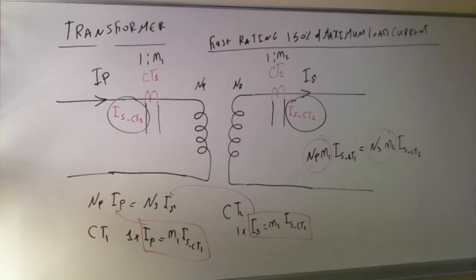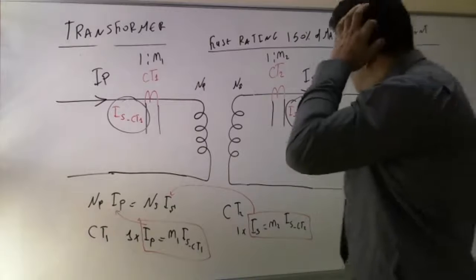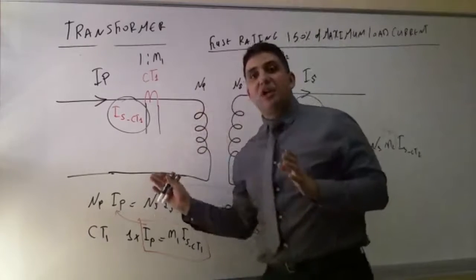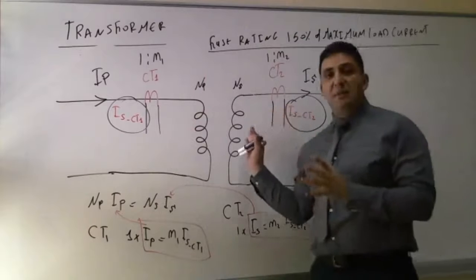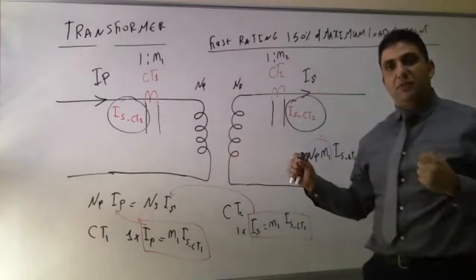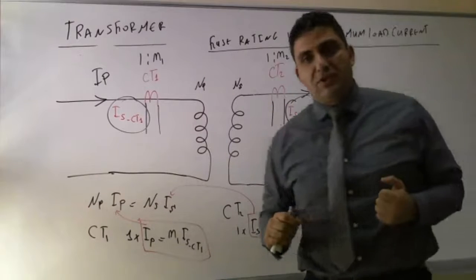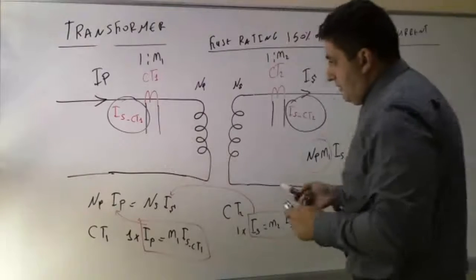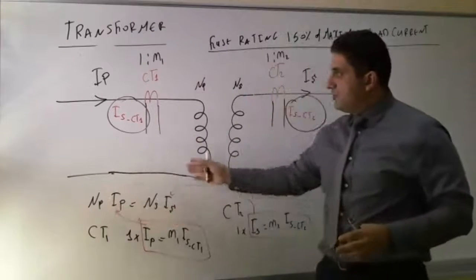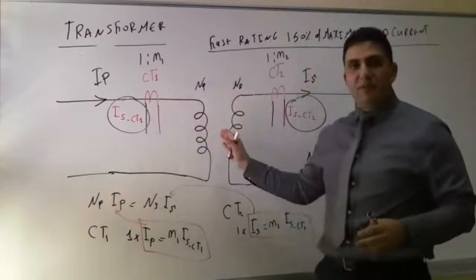Is that clear? Guys, I really strongly recommend you go and read the book, chapter 8, the beginning of it. Because this is going to make the foundation for us when it comes to 3-phase transformer protection using differential. So please go back and revise the relationship between primary and secondary of the transformer.